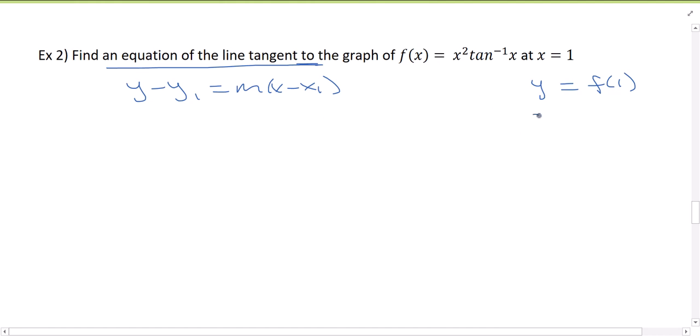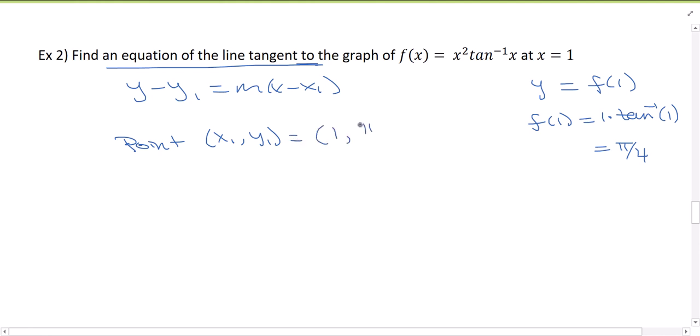So f of 1 is 1 squared, which is 1, times inverse tangent of 1. So what angle gives you a tangent of 1? That will be pi over 4, 45 degrees. So now I know the point x1, y1 is x is 1, y is pi over 4.